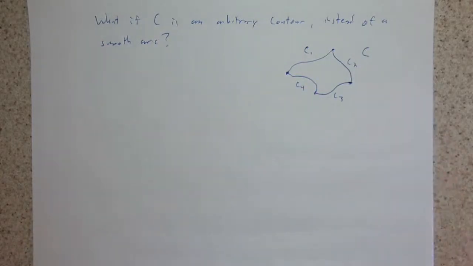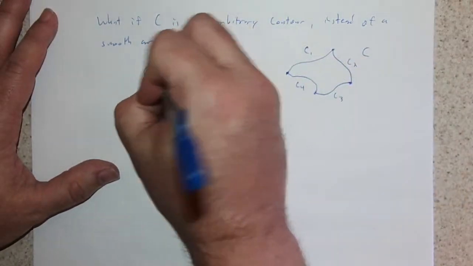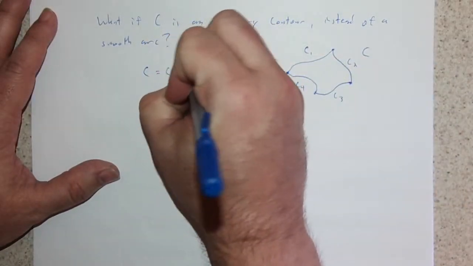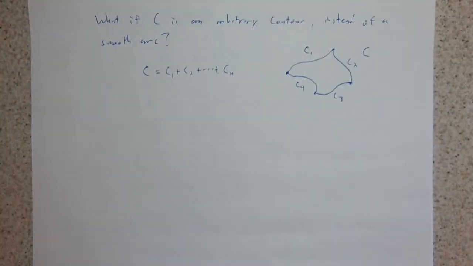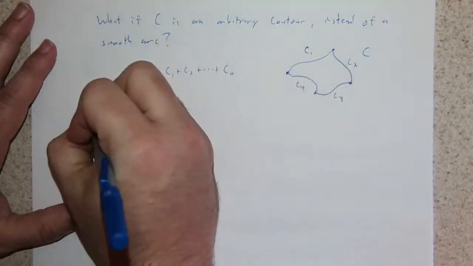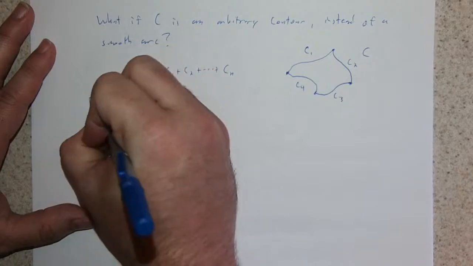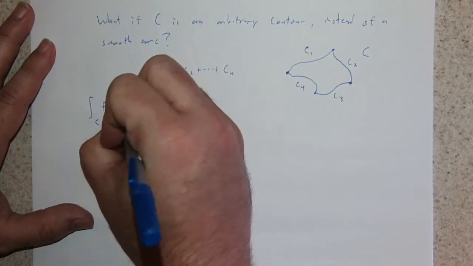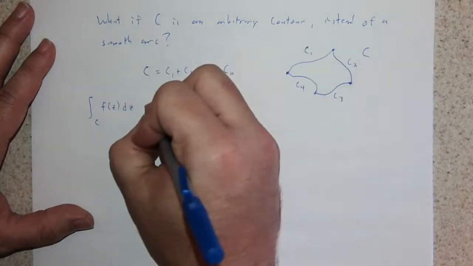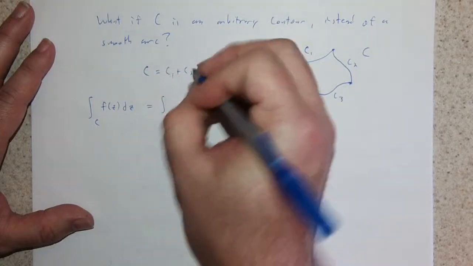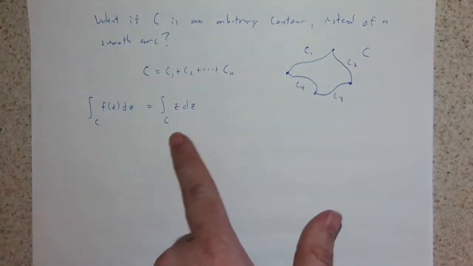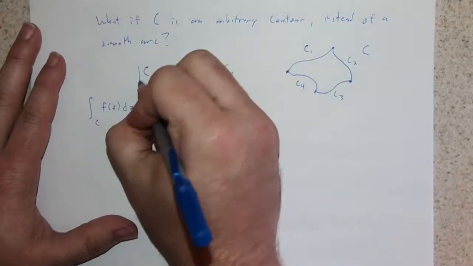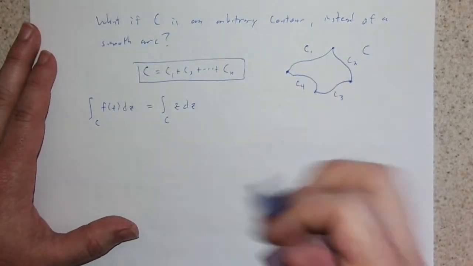And so the idea is that I could write C as C sub 1 plus C sub 2 and so on all the way up to some C sub n, so that when I'm computing this contour integral over f of z dz, which for us in this example is just z dz, because of this property of the contour integrals, I can split this integral up.